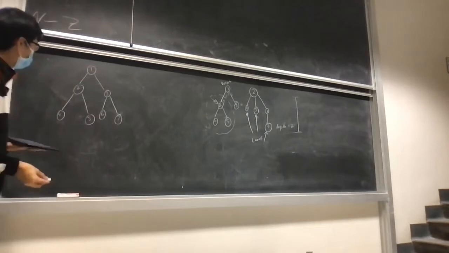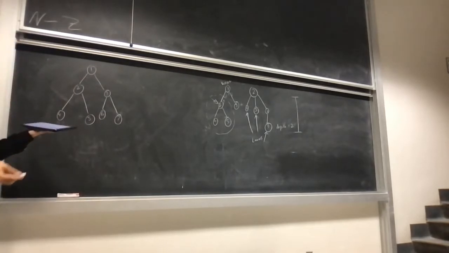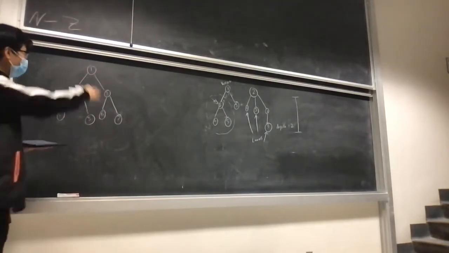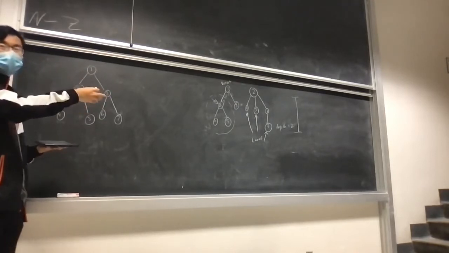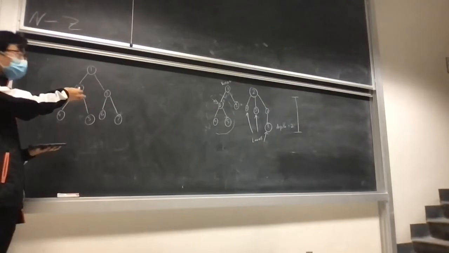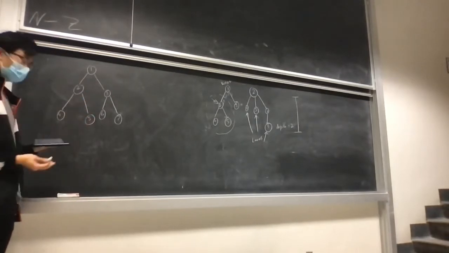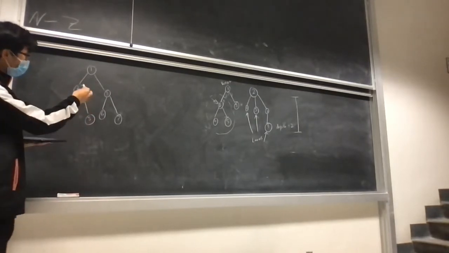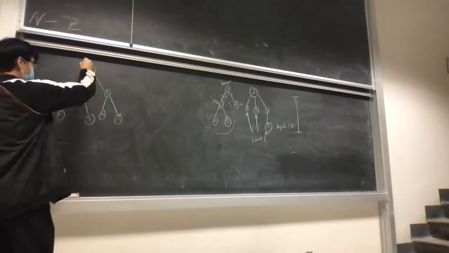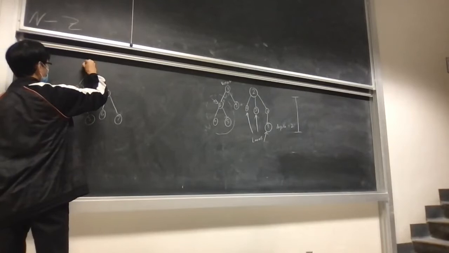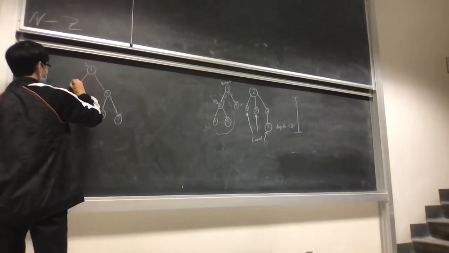Okay, so let's assume that we have a binary tree like this, and all the node numbers are just for convenience, so you can reference the node and we know which node you're talking about. But now each node also has a value with it. So let me write some arbitrary values.